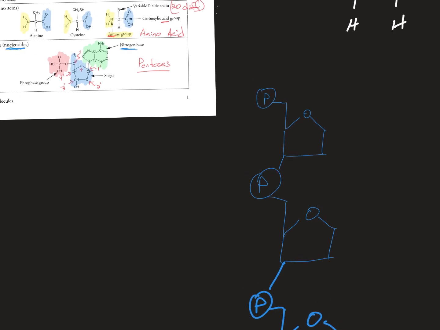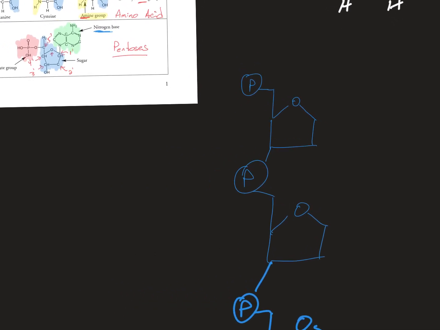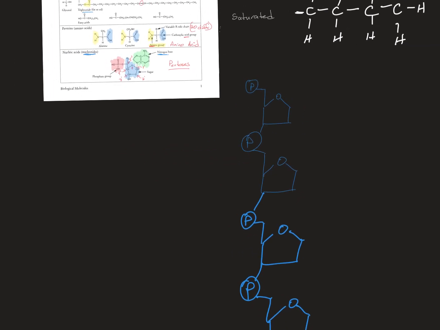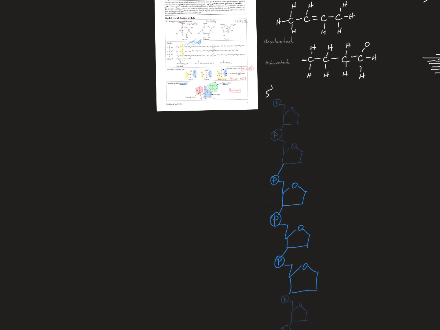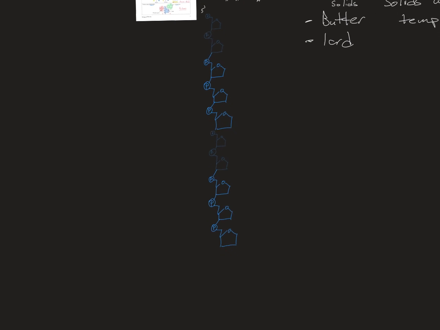But because there are two sides, because there's a 5' and a 3', because you're always attaching the phosphate to the 3' of the previous nucleotide, you have a 5' side to the molecule, and you have what on the other end?